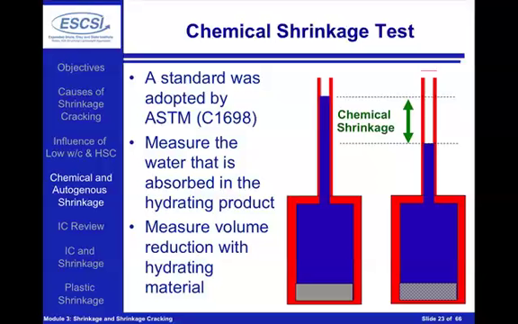You measure the amount of water that drops in a pipette, and that volume is essentially the volume of chemical shrinkage that occurs, provided you can get water fully throughout that paste system. So we typically use a very small amount of paste, and we make sure we've gotten rid of a lot of the air bubbles in the system, and we can measure this chemical shrinkage taking place over time.